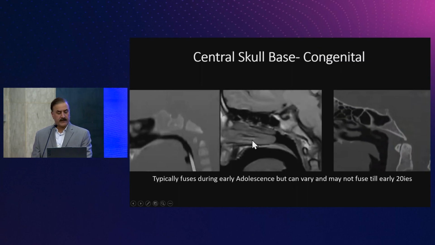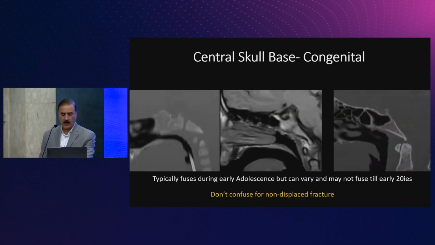So what are the no-touch-me lesions of the central skull base? Obviously, everyone knows this. This is the spheno-occipital synchondrosis. It can be present in life up to early 20s, sometimes even in later 20s. So do not call this a non-displaced fracture when you just have a line going across, which is still that synchondrosis.